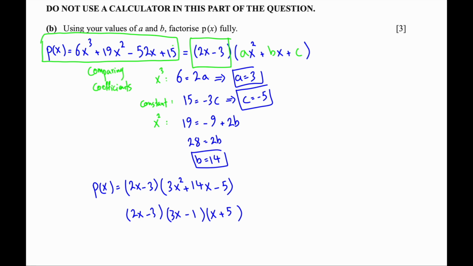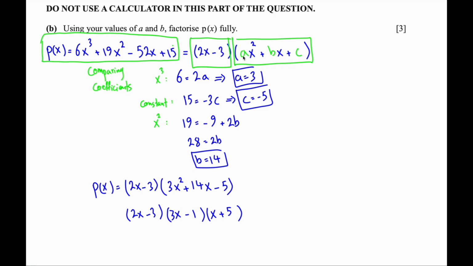However, my favorite method is to use what's known as the inspection method. So if this is a linear factor, I need another quadratic factor to actually create my original cubic polynomial after I multiply them together.